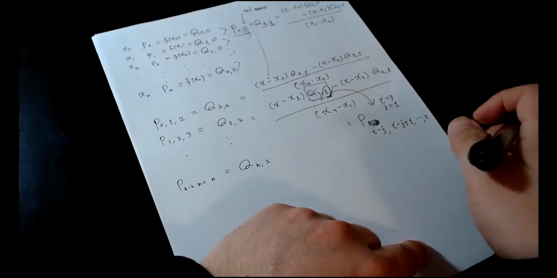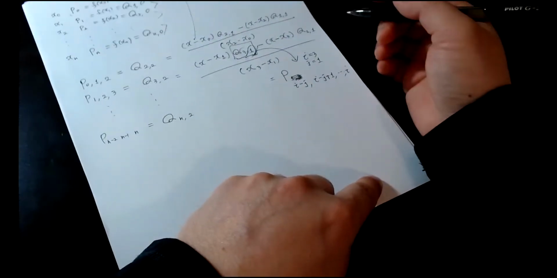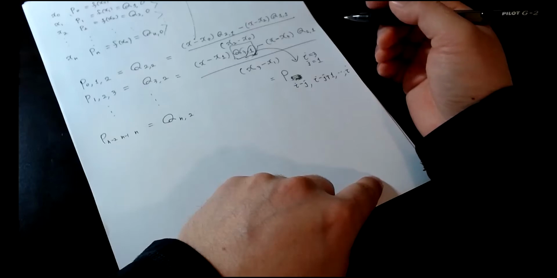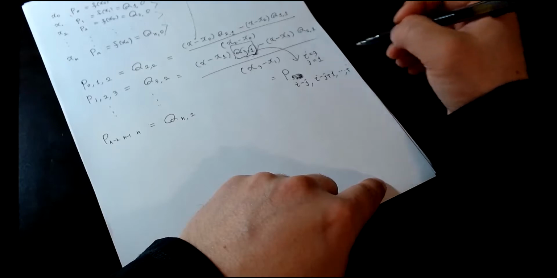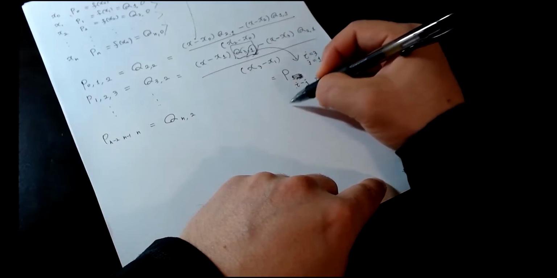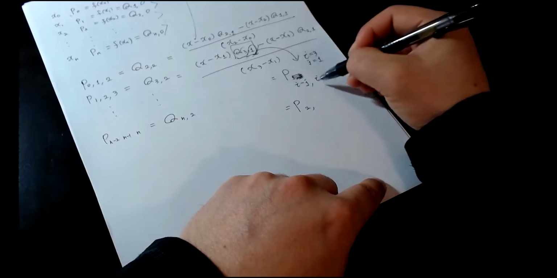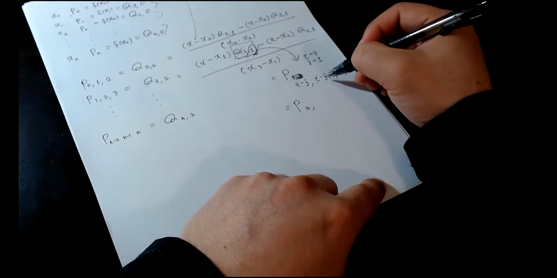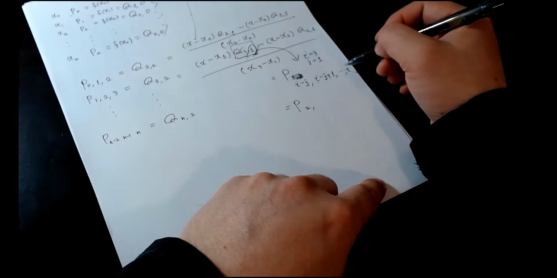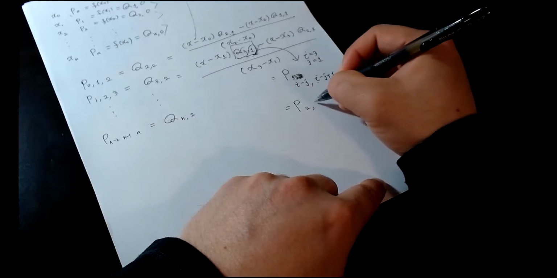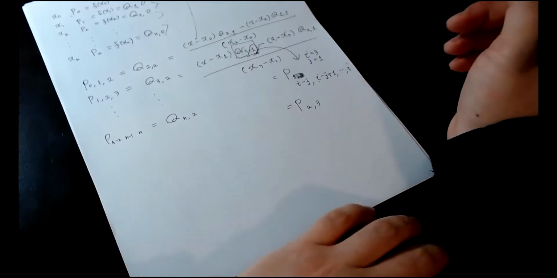So this is going to be, with j equals 1 and i equals 3, P_{3-1}, P2, comma i-j+1, up to i, which is 3. So this is P2,3. I'm sorry, it's not 1,3.